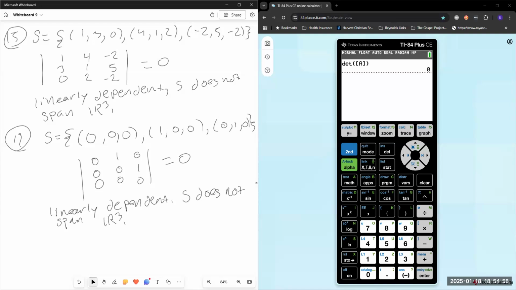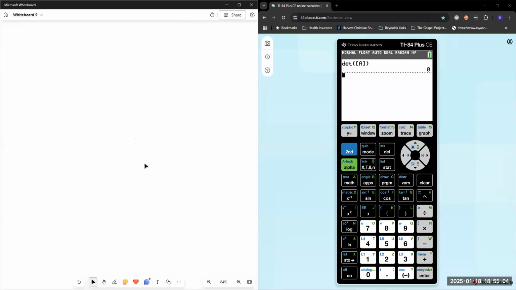So let's go ahead now and move on to number 25. 25 is a little different. It has an S that's made up of some functions.